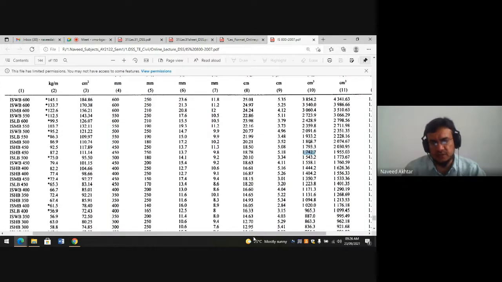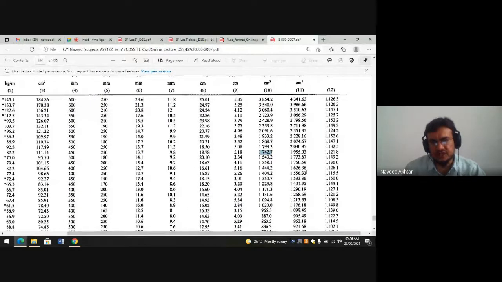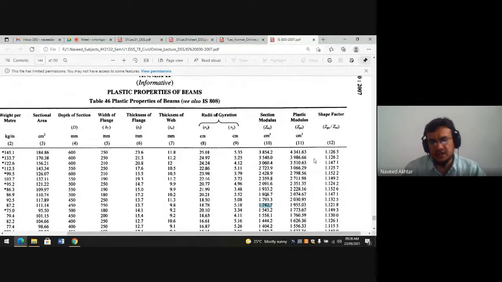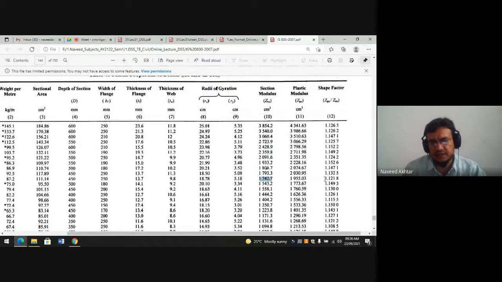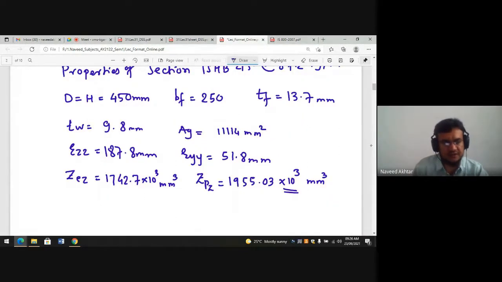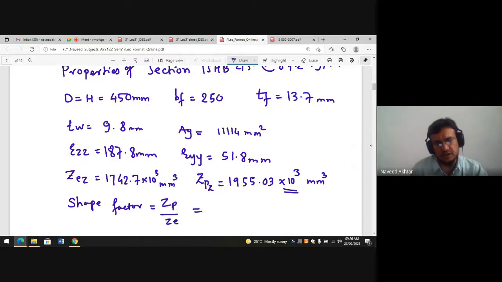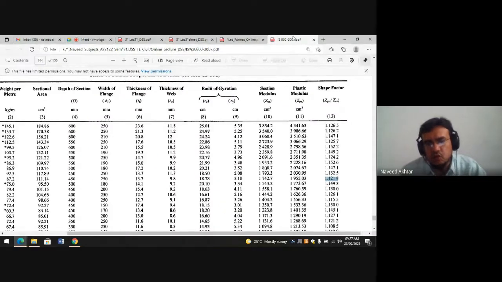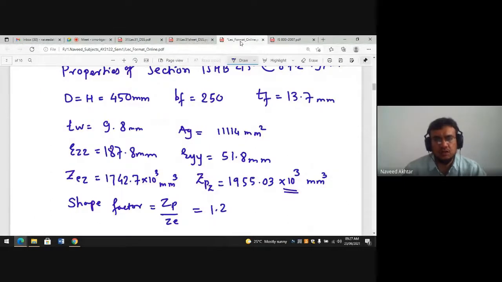And the shape factor is nothing but ZP upon ZE, and it is already given, 1.1218.